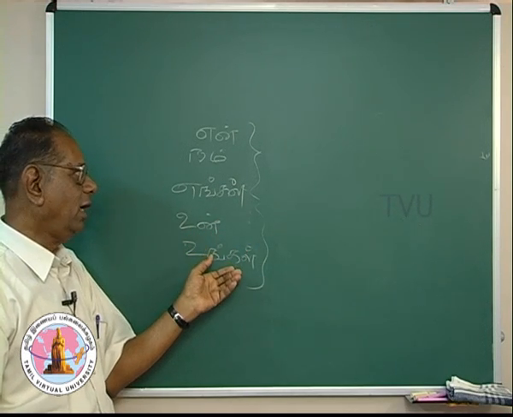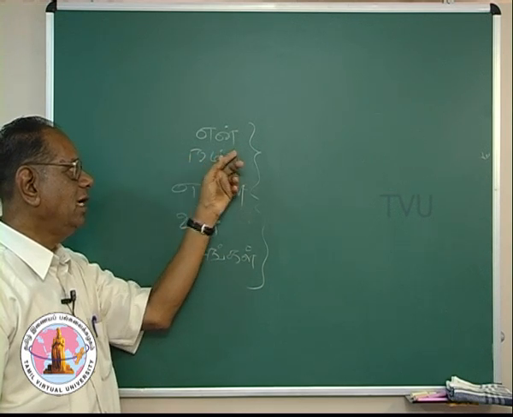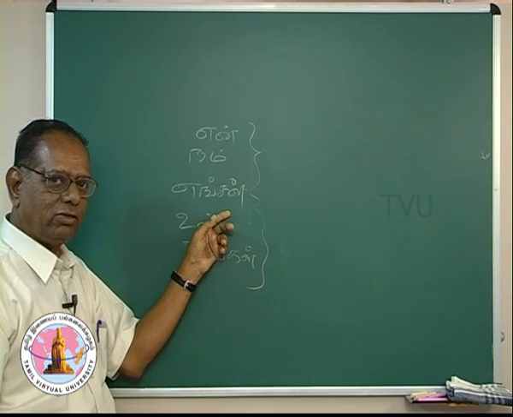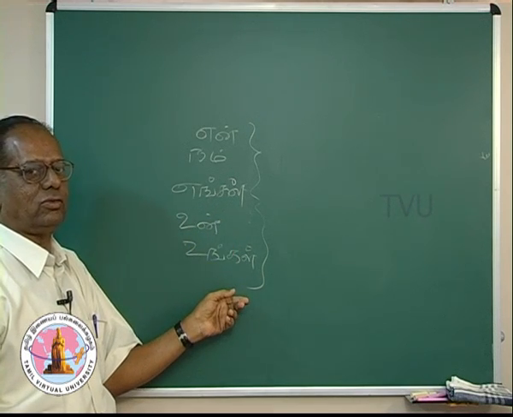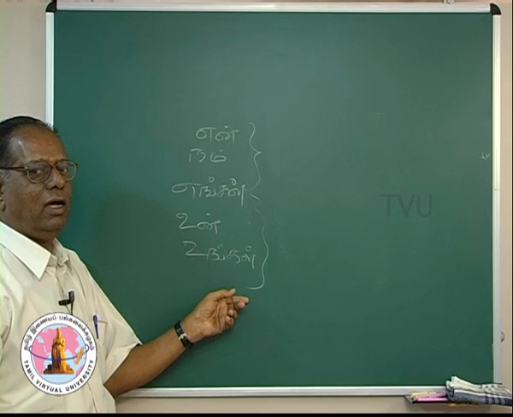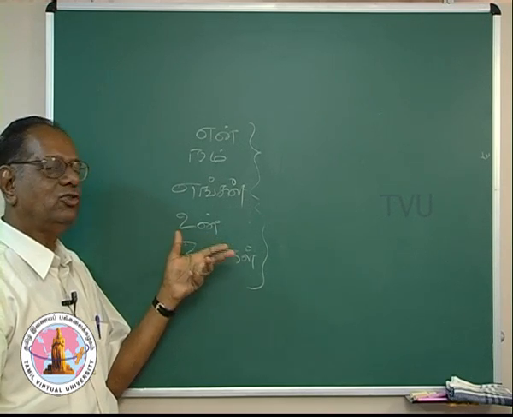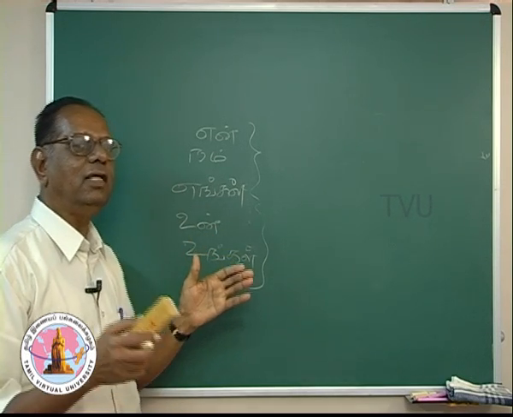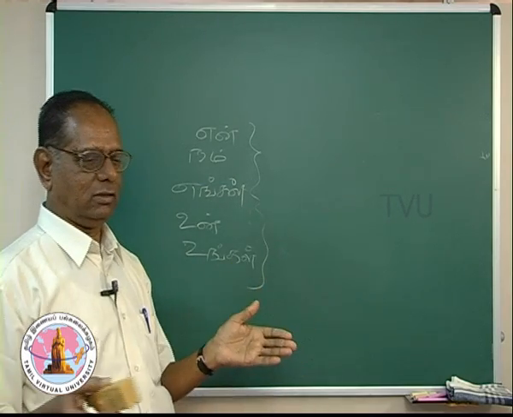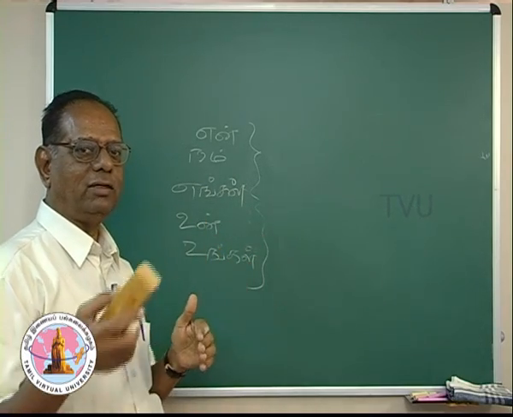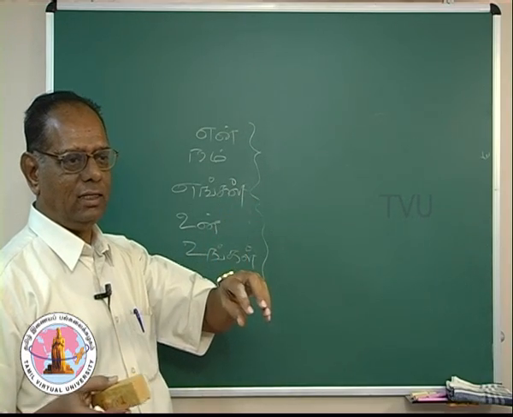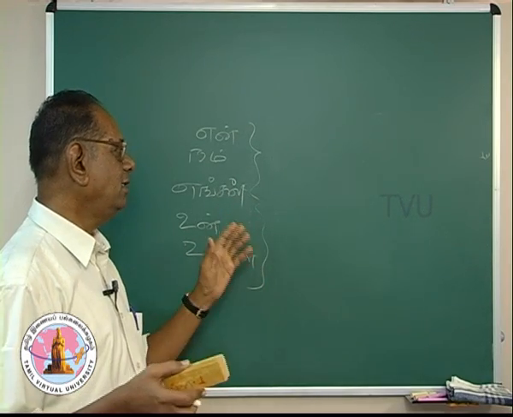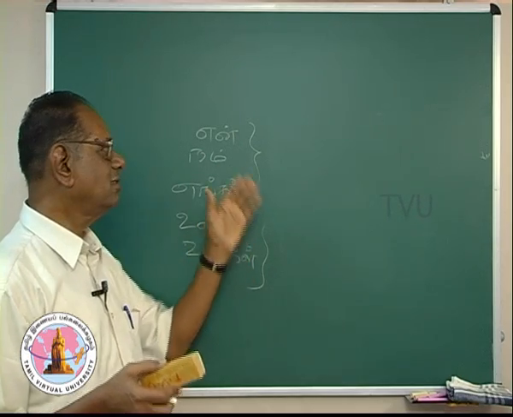That is to say that these changed forms themselves can function as adjectives. What does the genitive case do? It brings in the relationship of two things. One is a part of the other, or one is in possession of the other. That is the relationship we find in this case.